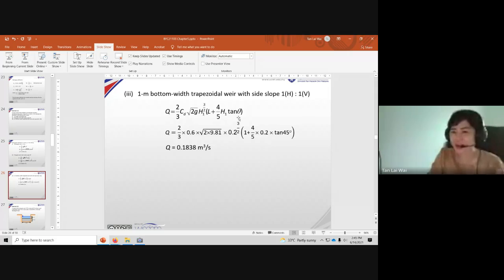So by now, when we give you this formula and ask you to solve for a certain shape of weir, you should know which formula you want to use. Trapezoidal, this is the formula. Triangular is the 8 over 15 one, and the rectangular doesn't have the theta one. This is just to distinguish the formula of the weir.